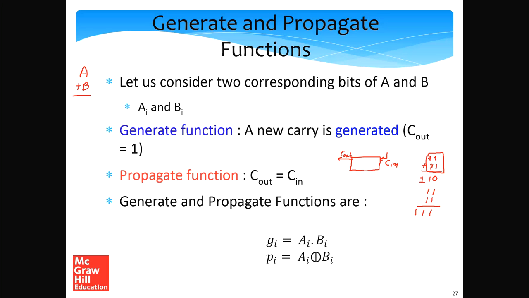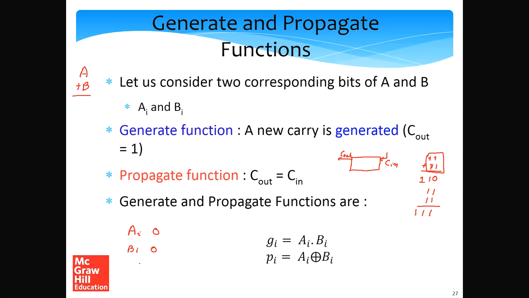Now let us define a propagate function. The propagate function says that the output carry is equal to the input carry. So let's consider a single bit example, which will be far easier to understand. Let's consider the values of ai and bi, and consider multiple values. Let's assume these are 0 and 0.